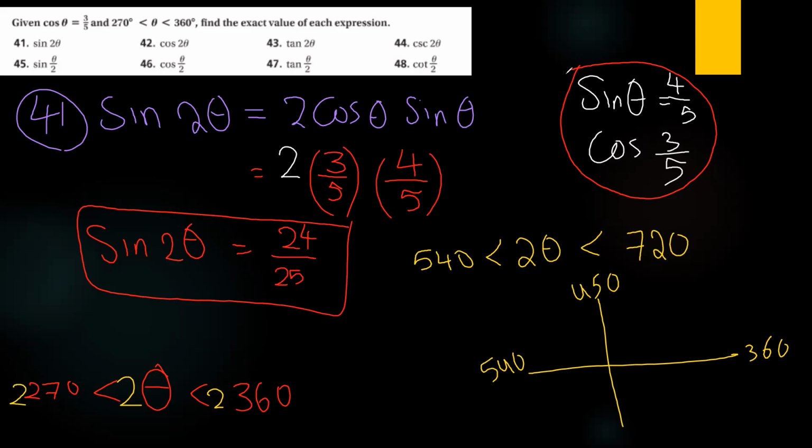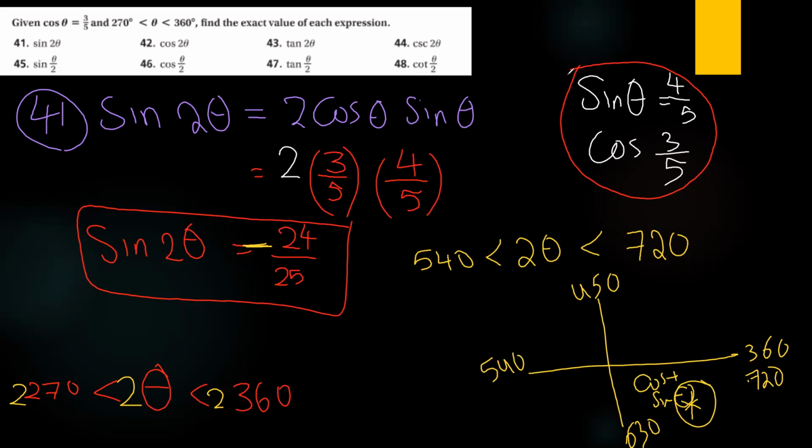Here it was 630 and 720. Now 2 theta will be here. It's like the same, I mean if you double the angle, you will get the same answer. So here in this quadrant 4, as we know, the cosine is positive and the sine is negative. So I will say it's negative 24 over 25.